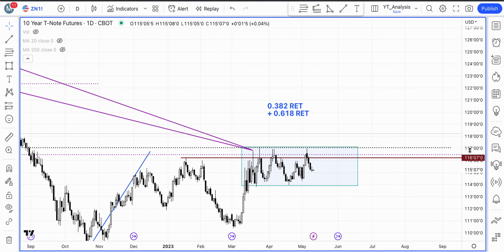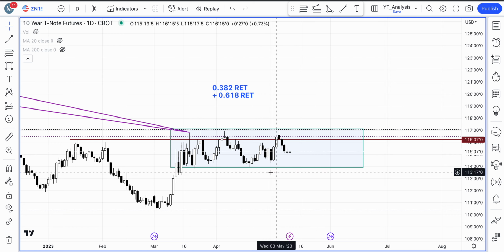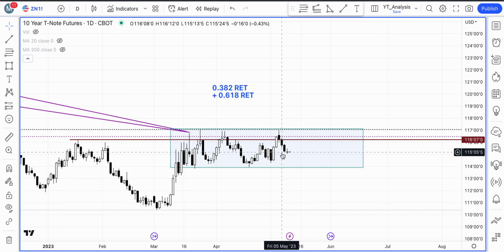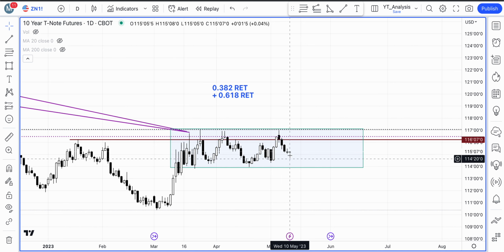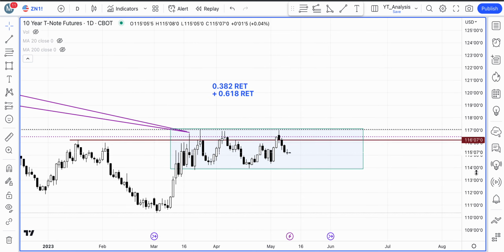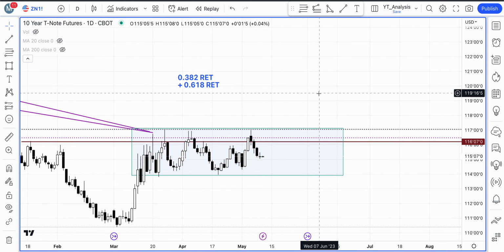And what we are looking at is that we have seen a sell-off for 1 day, 2 day, 3 day, and yesterday, the 9th of May, what we have seen is a small candlestick, which is kind of a doji formation, so not too much happening.